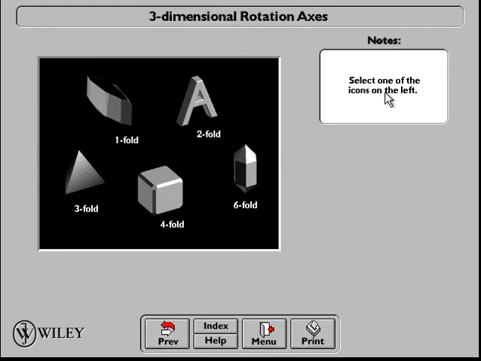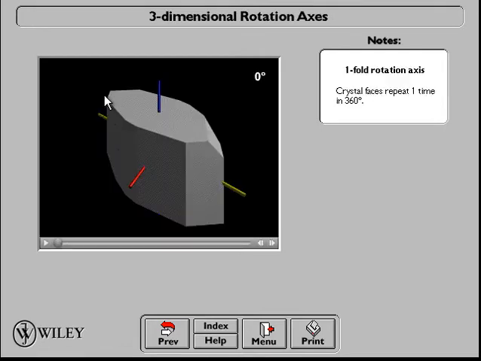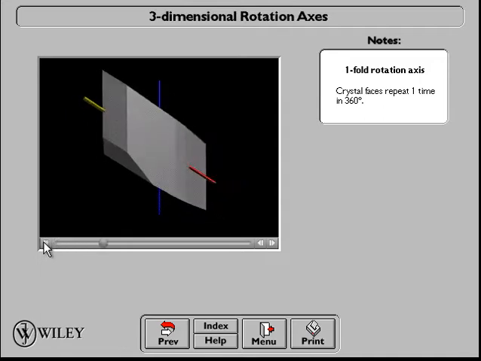We are selecting one of the icons on the left. Here we have a crystal, and this crystal's faces repeat 1 time in 360 degrees. Let us check if this is true. Yes, indeed, that is true.